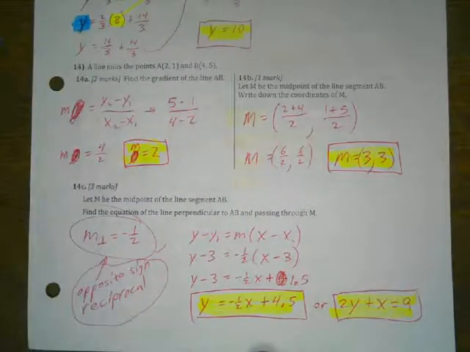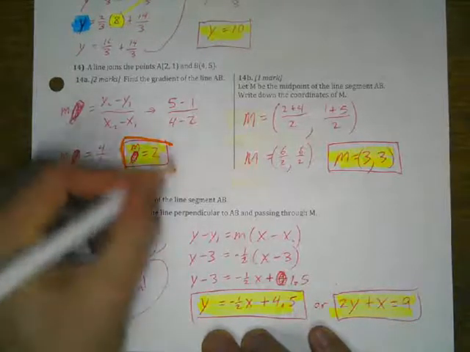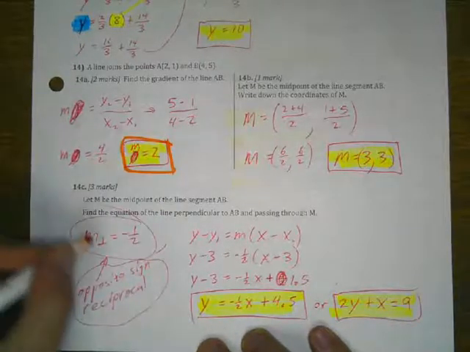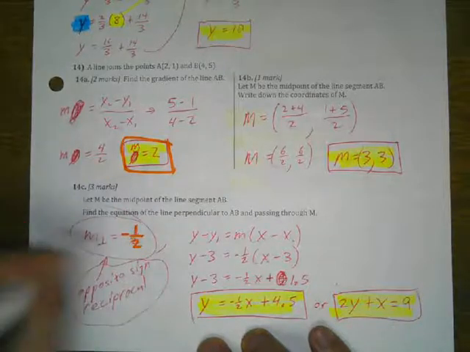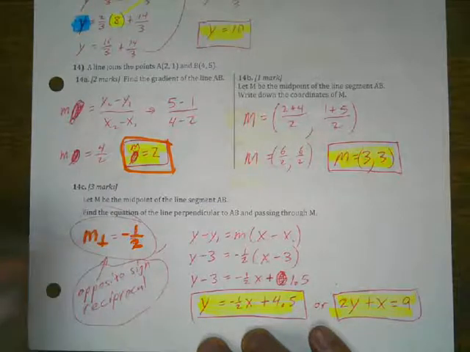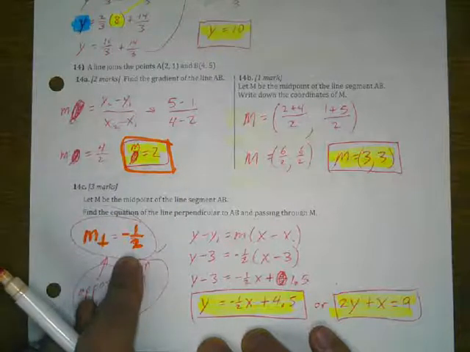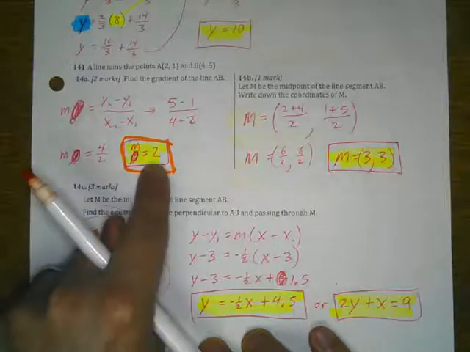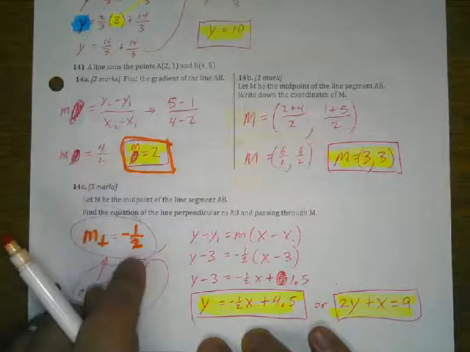Okay, so if my slope here is 2, then the perpendicular slope is the opposite sign and the reciprocal. So if this is positive 2, we're going to use negative, and instead of 2, we could call this 2/1, so it's going to be 1/2.